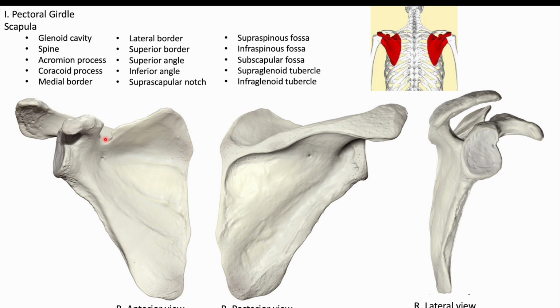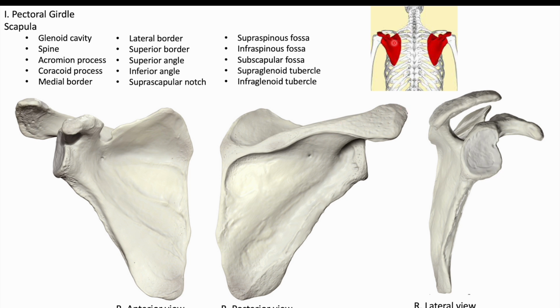Okay? So again, as a review, for the scapula, if you want to identify whether it's the left or the right scapula, first, before you even do that, take a look at whether you can identify the anterior or the posterior view. In the posterior view, you can see the spine. If the spine runs to the right side, then you're looking at the right scapula.